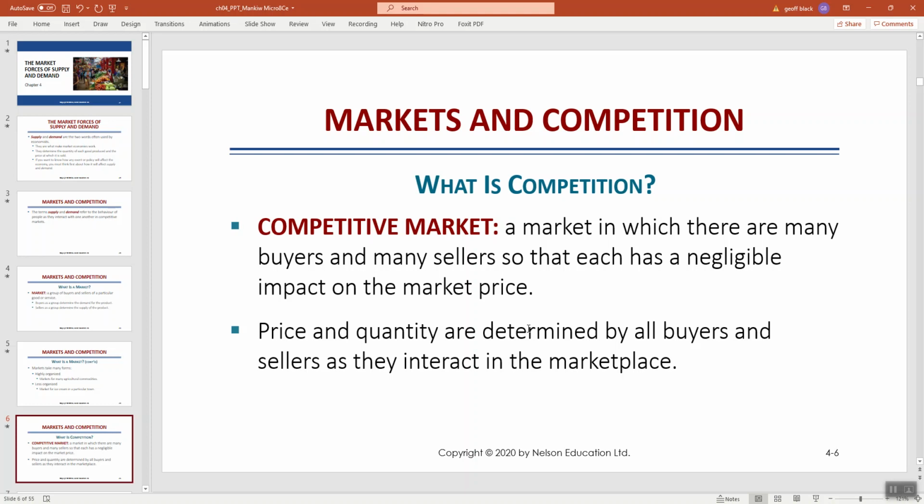That would be a perfectly competitive market. But in order for there to be a truly competitive market, you need a lot of buyers and a lot of sellers, and there's no one buyer or no one seller that's big enough to influence the price, right? So that way, price and quantity are always determined by all buyers and all sellers as they interact in the marketplace. Okay, I hope that makes sense.